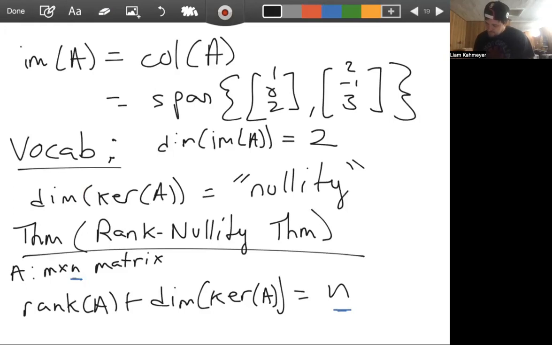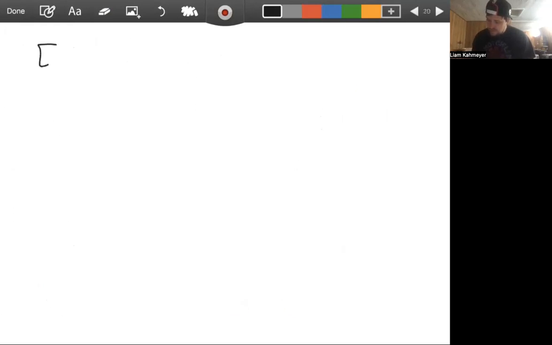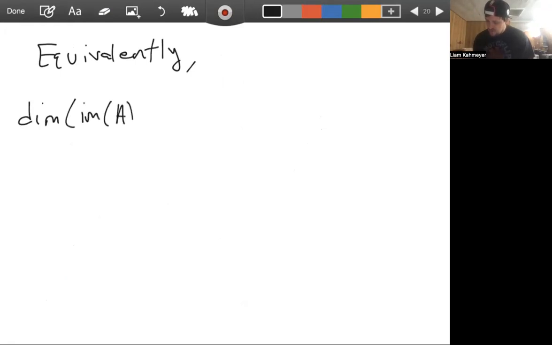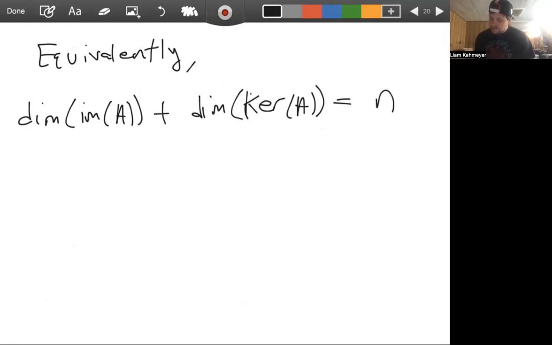So equivalently, the dimension of the image of A plus the dimension of the kernel of A is N. This says rank plus nullity equals N, right? And this is a very important theorem.